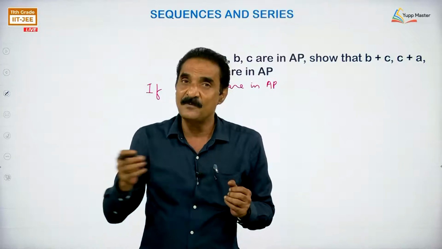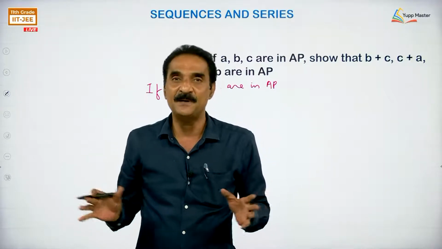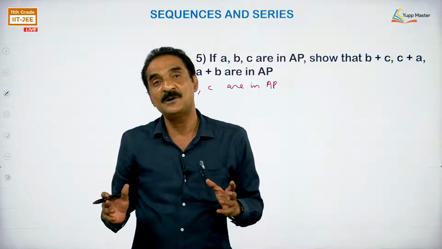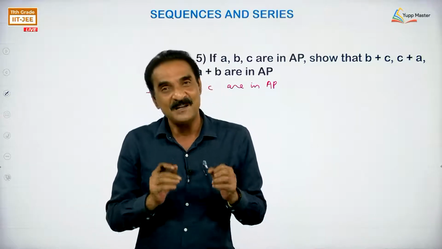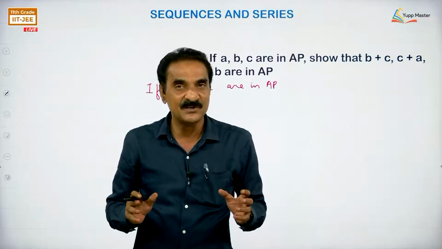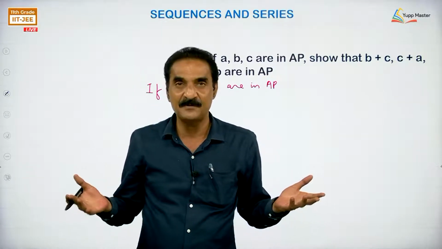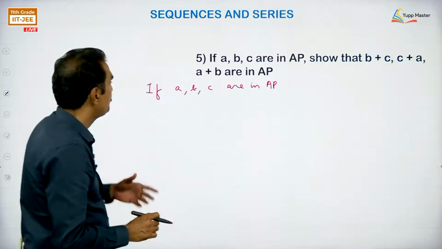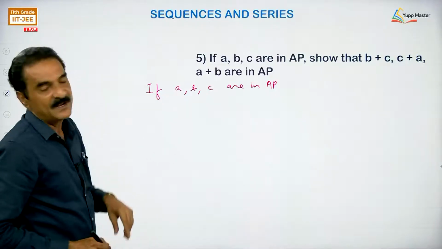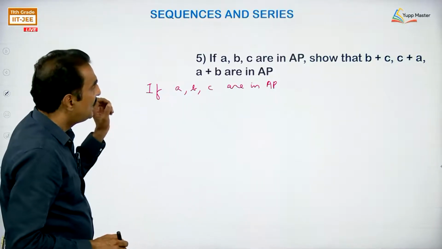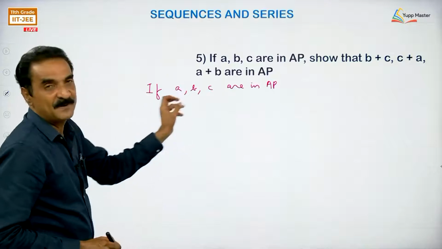Adding a constant to every term of an AP, it will be an AP. Subtracting any constant, it will be an AP. Multiplying or dividing by a fixed constant, the numbers will be an AP. These are the properties we have discussed. Now, if A, B, C are in AP, I will subtract A plus B plus C from every number.